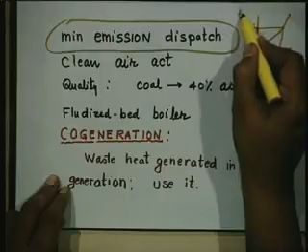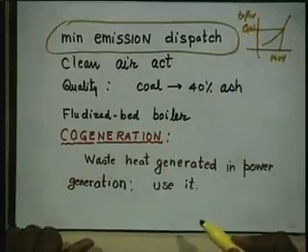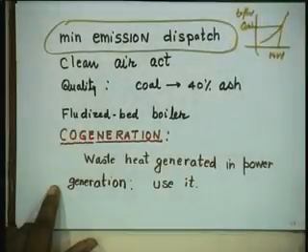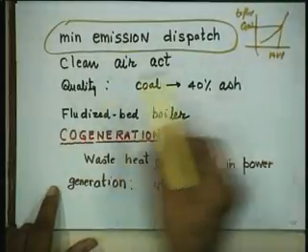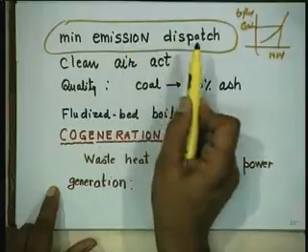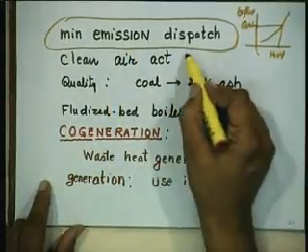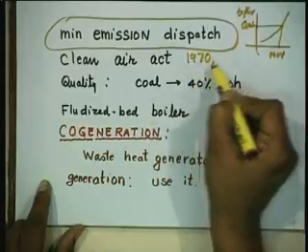We need load forecasting for unit commitment as well as economic dispatch. Now, instead of cost, we have tons per hour of NOx, CO, CO2. We minimize that and forget about cost. And this operation is called minimum emission dispatch. Clean Air Act I already talked about, 1970 and 90s.